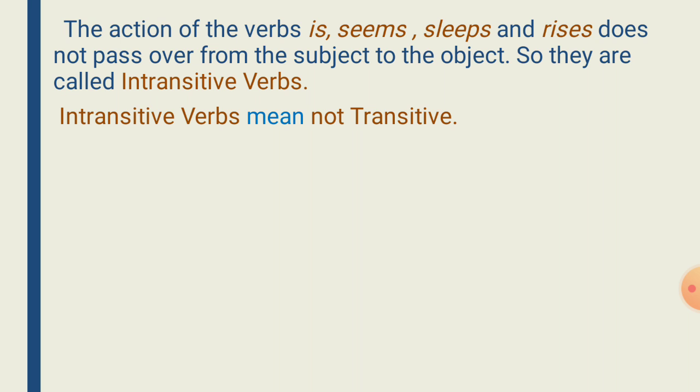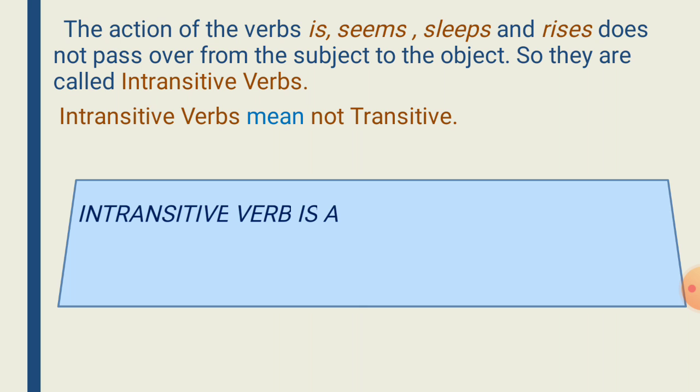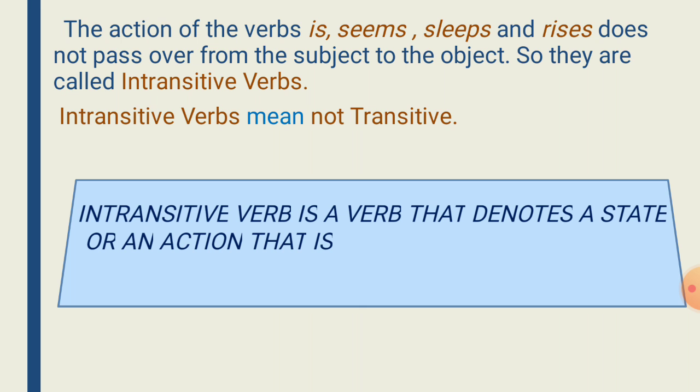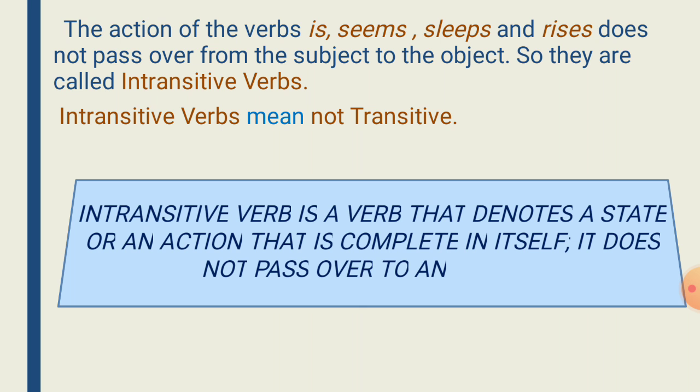Intransitive means not transitive, that means not passing over. So let's see the definition of an intransitive verb. An intransitive verb is a verb that denotes a state or an action that is complete in itself. It does not pass over from the subject to someone or something. That means it does not take an object.